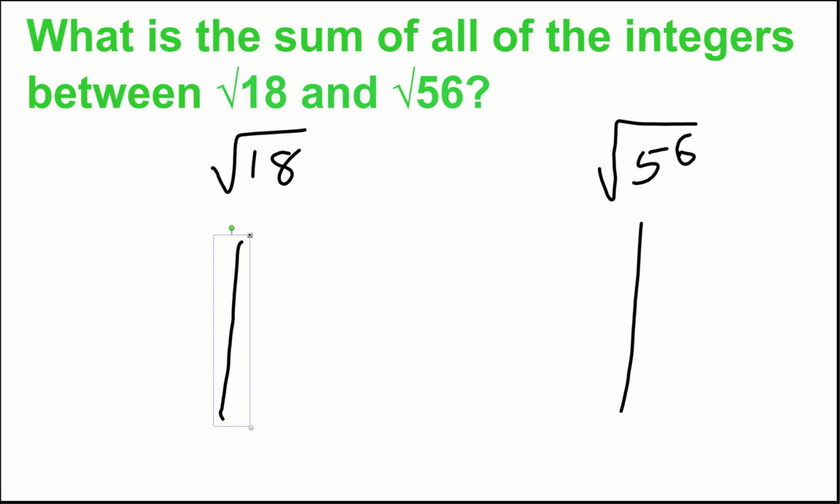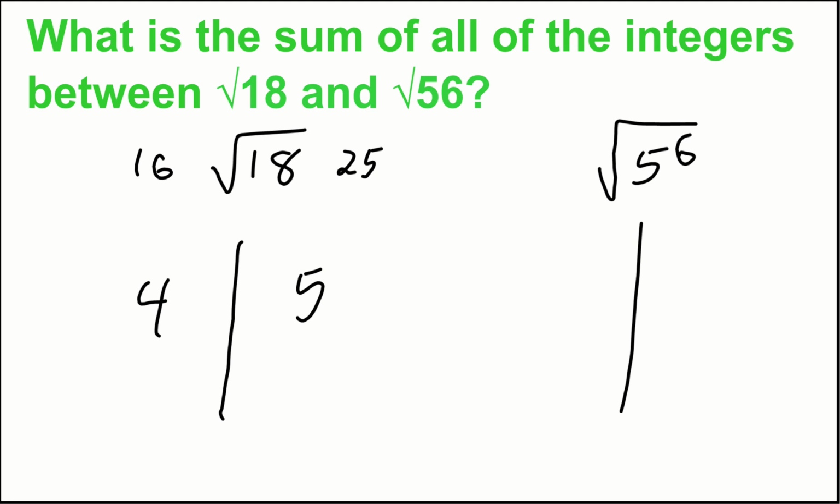What two numbers is that in between? David? 4 and 5. 4 squared would be 16. 5 squared would be 25. 18 goes in between each of those. So square root of 18 is somewhere between 4 and 5.